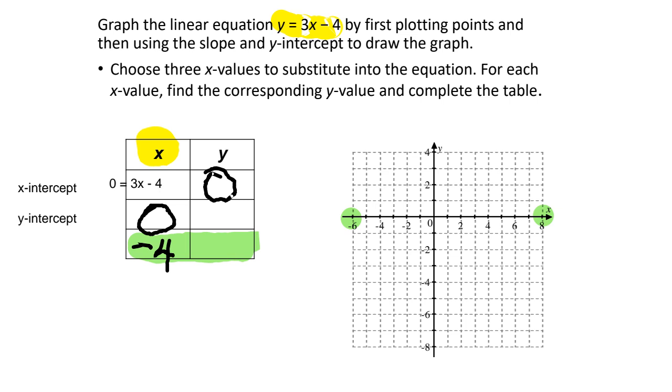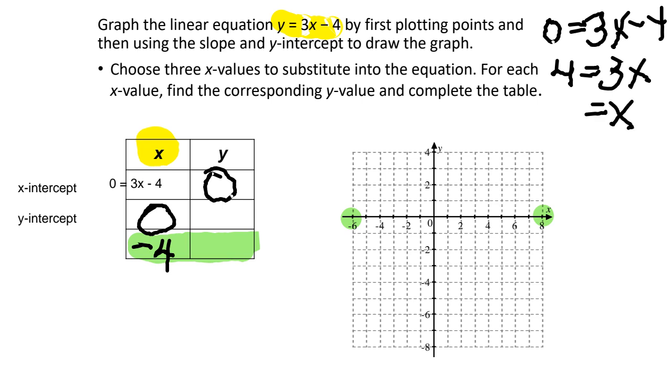If 0 equals 3x minus 4, add 4 to both sides, and then divide by 3. This is 4/3, which means that this x-intercept is (1 1/3, 0). Notice I've made it a mixed number.